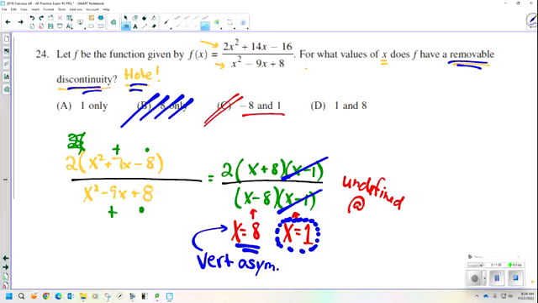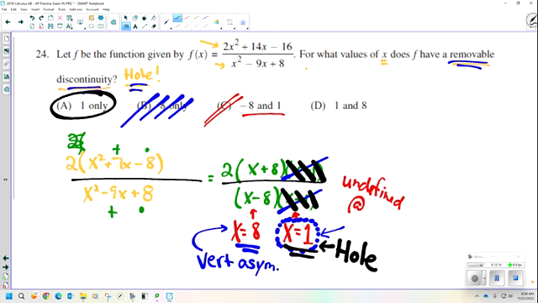Whenever we have an x value that makes something undefined, that goes away, that, my friends, is where a hole will appear in the graph. The answer is 1, and that's the only answer where we have a removable discontinuity.